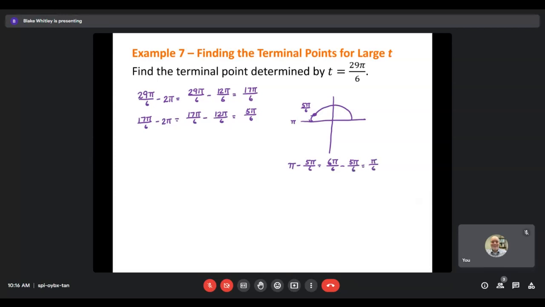And that gives us pi over 6. So this is t bar. Once we have that reference number, remember now we can actually find the ordered pair at the reference number. So our ordered pair this time is square root of 3 over 2, 1/2.